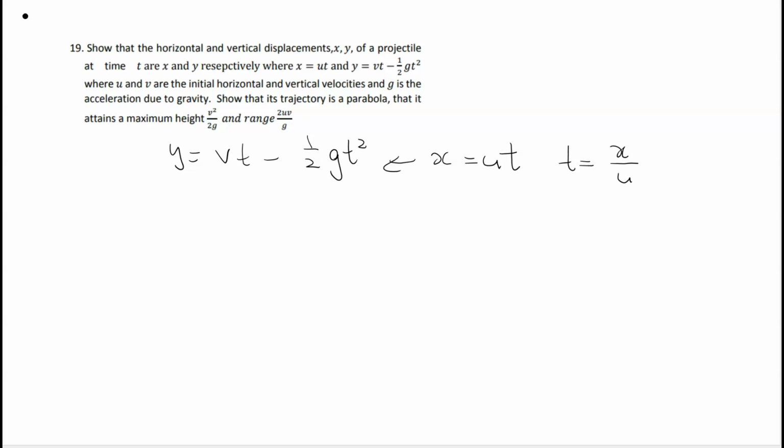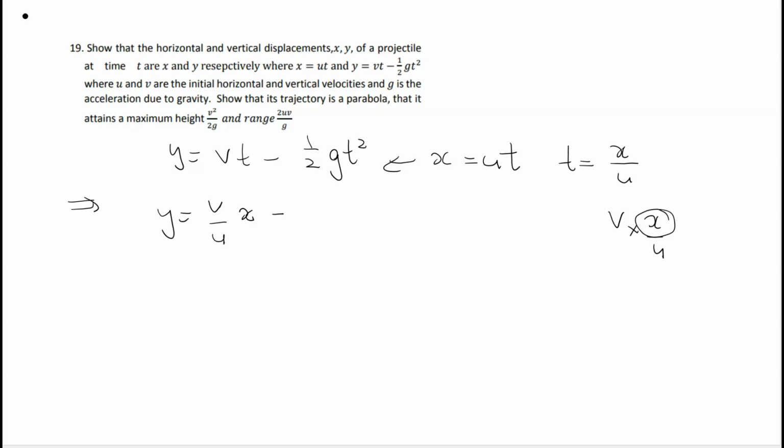So now we're going to put that into here. So y equals v times x over u. I'm actually wanting to write it so that I've got v times x over u. What I really want is to show an x term, so I'm going to move it and write it as v over u times x.